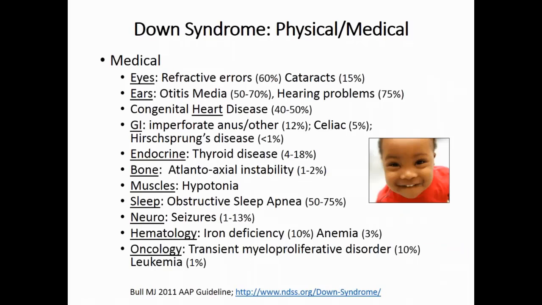There are a number of medical problems that are common in individuals with Down syndrome. Numerous systems are affected, as shown here, and the percent occurrence is listed for some of them. Affected systems include sensory systems like eyes and ears. The heart and GI tract can have abnormalities that are congenital, meaning right from birth.